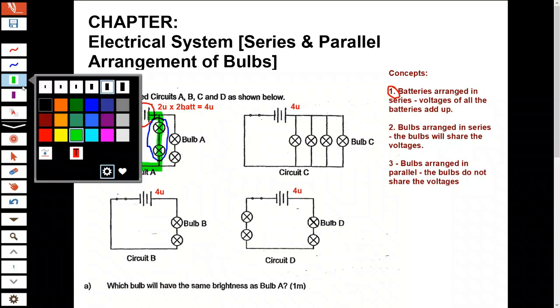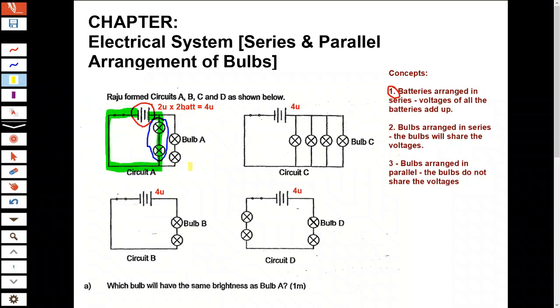Whereas the other two bulbs, let's say I use yellow, you will realize that the other two bulbs are actually on a different pathway. They are not even touching the green line, they are touching the yellow line. So these two bulbs are on a separate pathway.